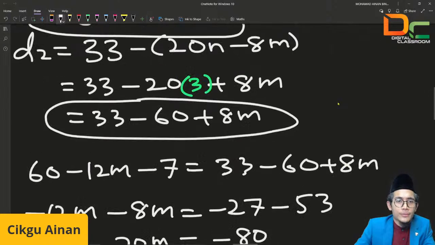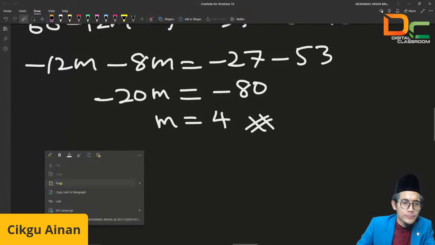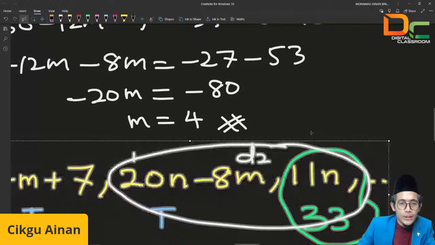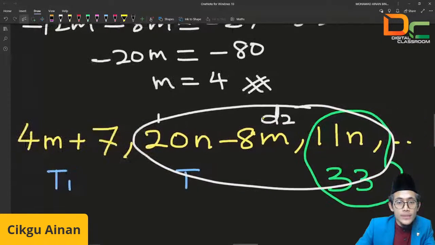Boleh lah. Can. Paste over here. Okay, and then kita substitute to see the sequence clearer lah.